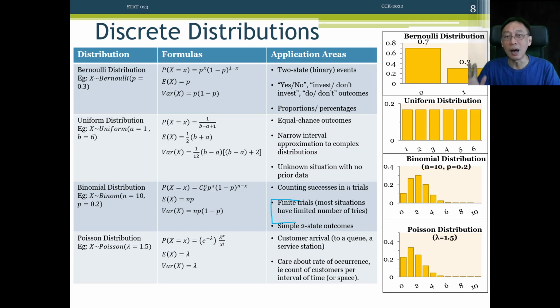When n is large in practice, like n equals to 1,000, n equals to 1,000,000, we are no longer going to be using binomial, because we will then use normal distribution to estimate what is supposed to be binomial. When n is large, we tend not to be using binomial distribution for calculation stability, because this involves n factorial, n choose x.